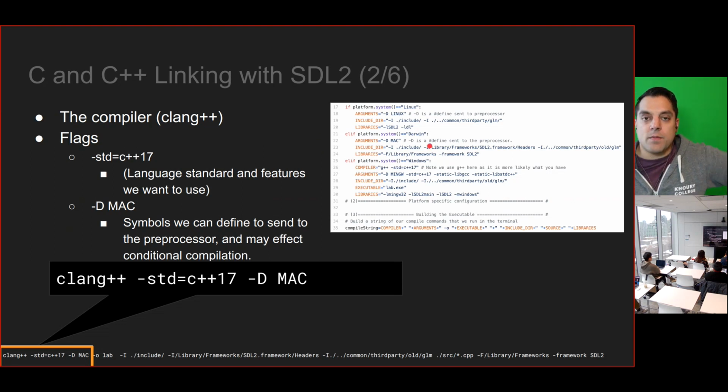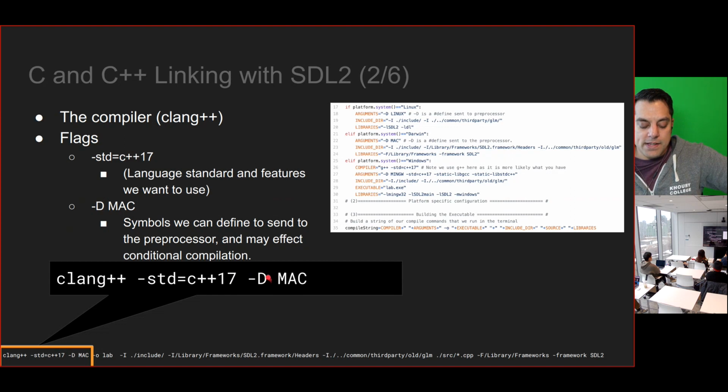Every time you run the python build.py file, it'll show you what's compiling. But it's worth understanding that the first set of arguments is the compiler, Clang++ or G++, and the standard of the language that you're using. So C++ at least 17 or 20 for most of this class.